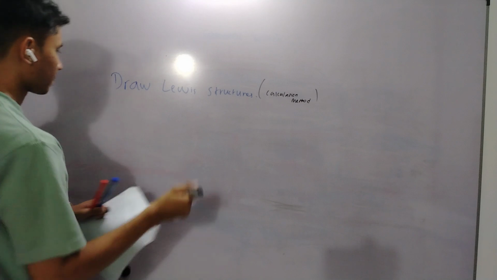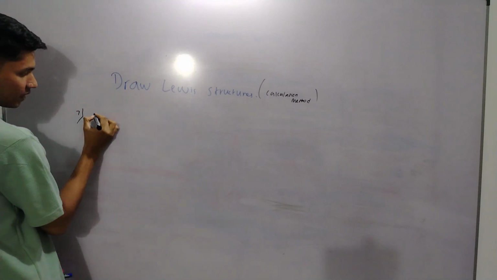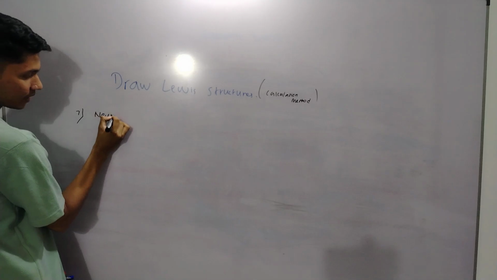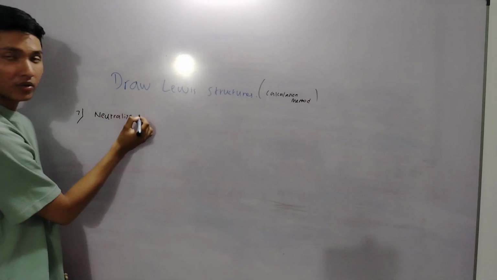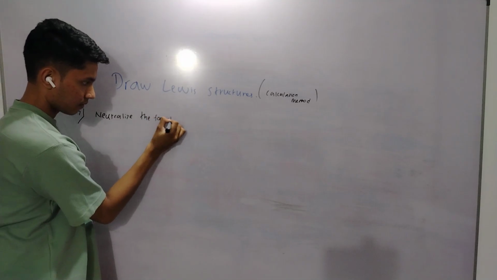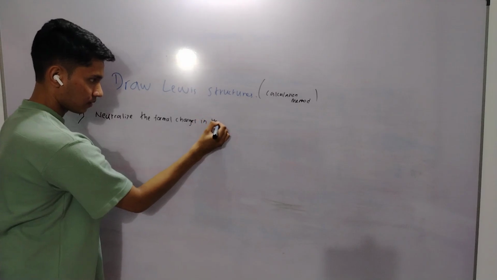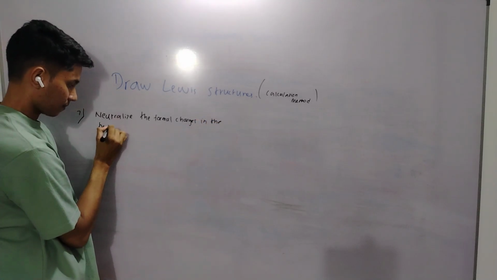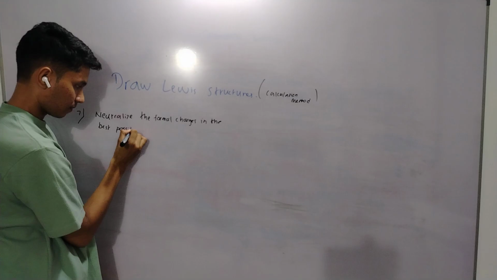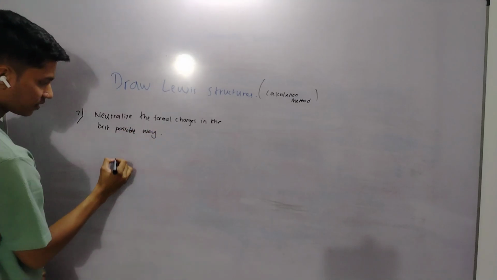Seventh step, right? Now we know this is the structure. We neutralize the formal charges in the best possible way. So what is the structure that we did before?